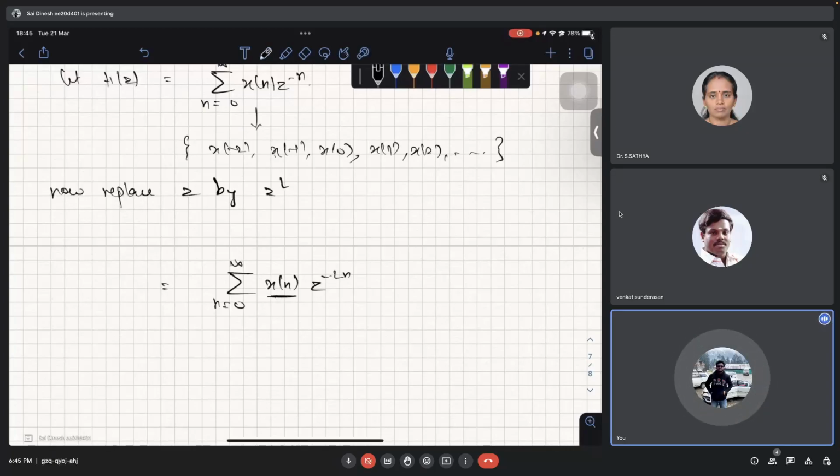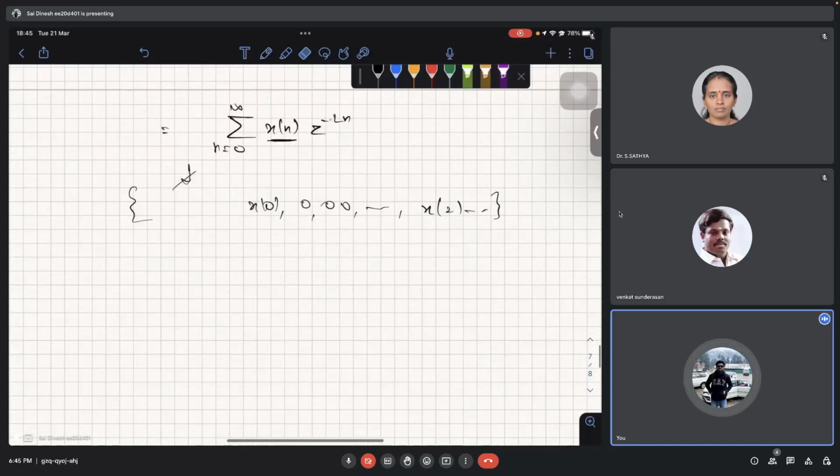This will actually produce x of 0 and then zeros, and then it will produce x of l, x of 2l. Right, so I don't think I'll just move it.